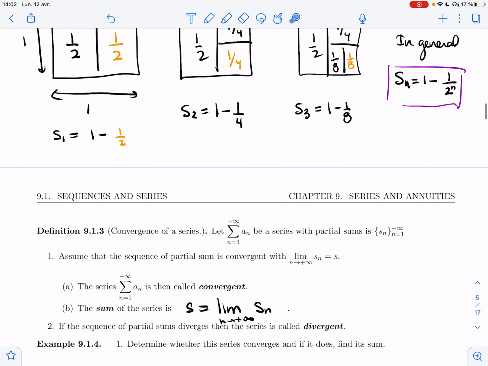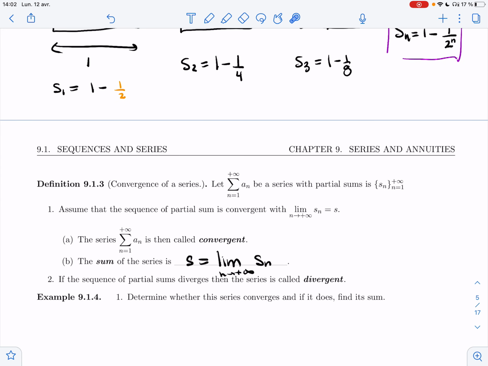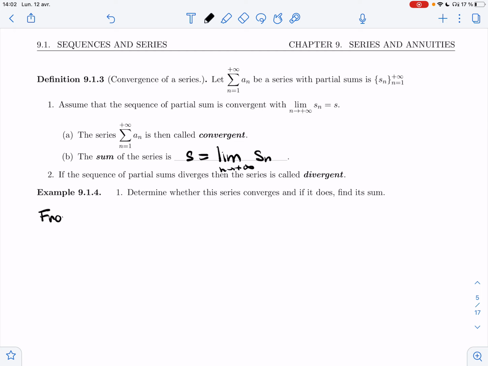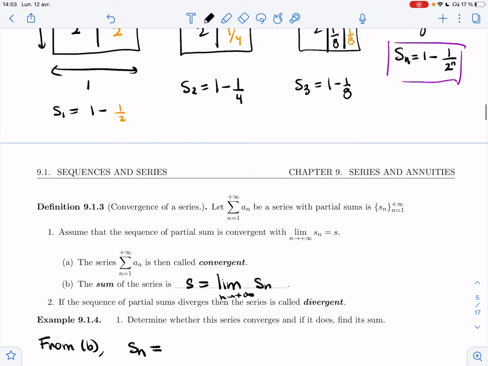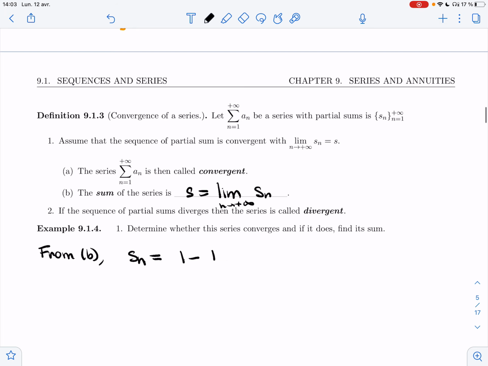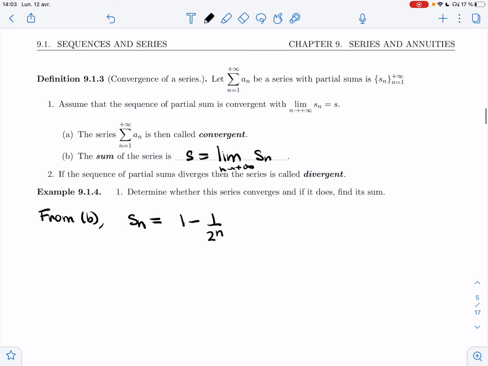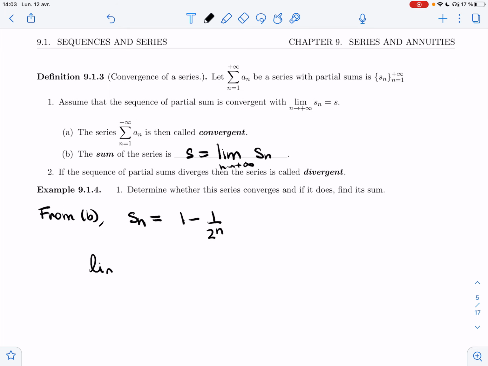All right, so this is, I'll write it better in a second. Determine whether the series converges, and if it does, find its sum. I didn't say so here, but it's continued from this example. All right, so it's still the same thing here. We had a formula, so from part b, we know that Sn is 1 minus 1 over 2 to the n, and so we look at this limit.